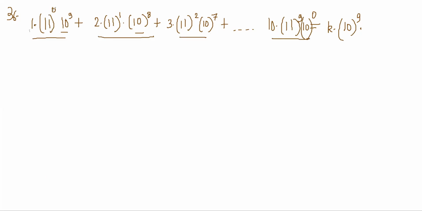Powers go from 0 to 9 for 11 and from 9 to 0 for 10. So the rth term, TR, will be R into 11 to the power R minus 1 into 10 to the power 9 minus R.